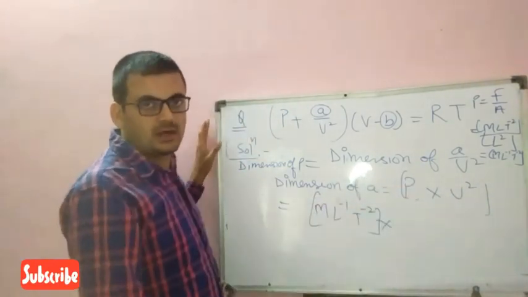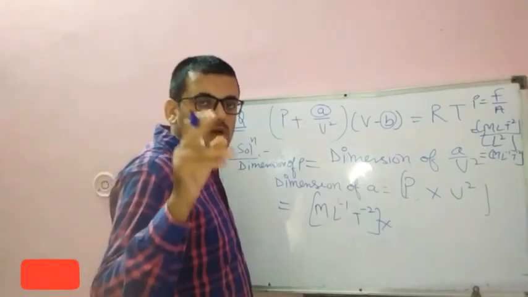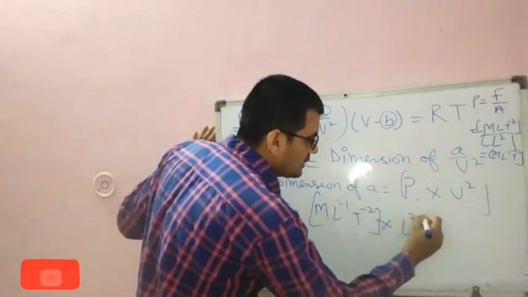V square. V is the volume, meaning length, breadth, height, so volume means L cube.